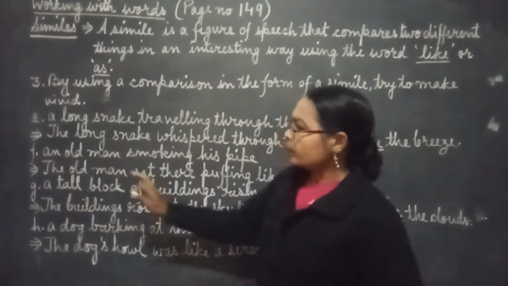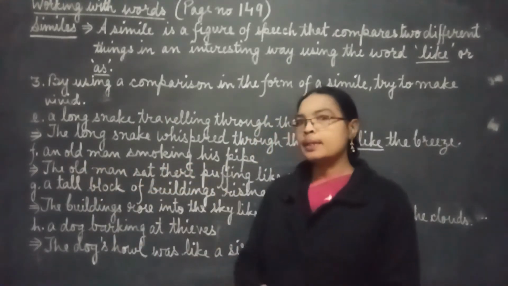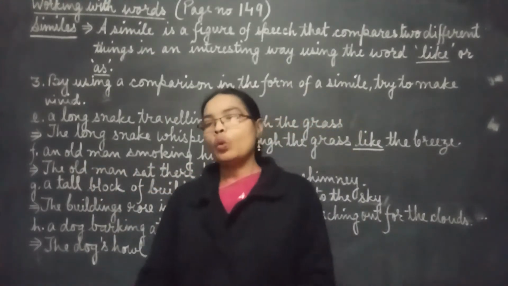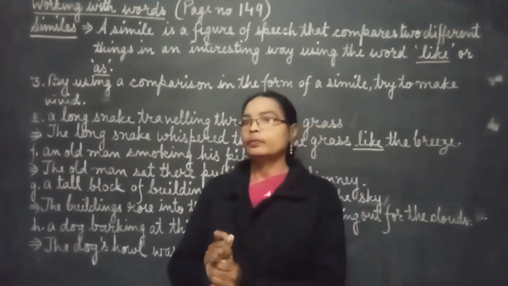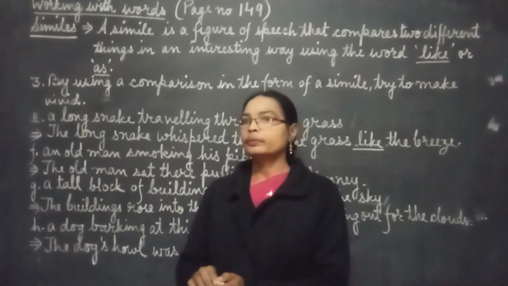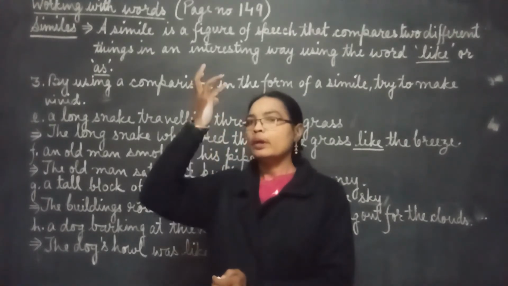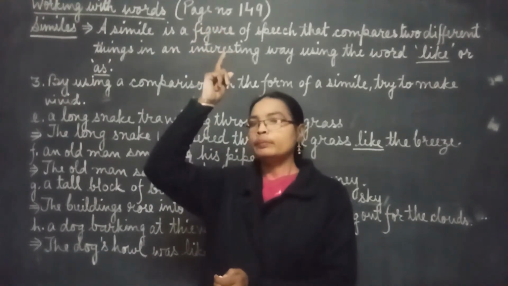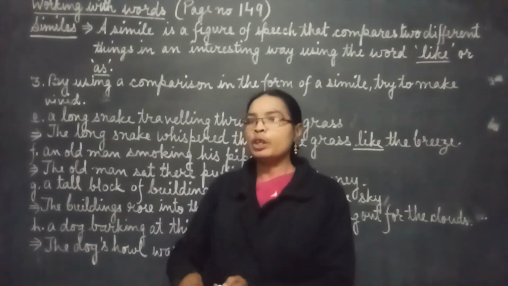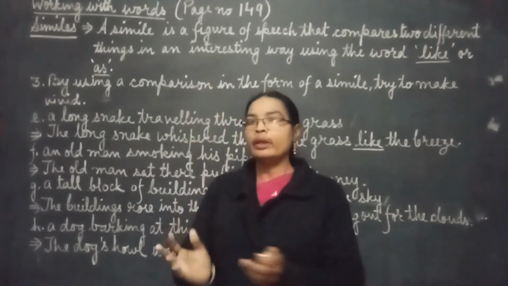Alright. Come to number F. An old man smoking his pipe. One old man is sitting and is smoking. When he is smoking, a cloud of smoke is arising. Isn't it? Same as the chimney. From the chimney also, a cloud of smoke comes out in a rush.